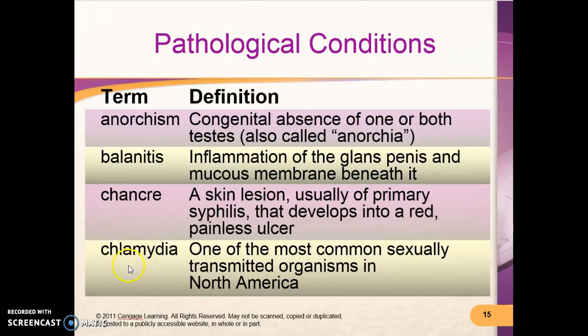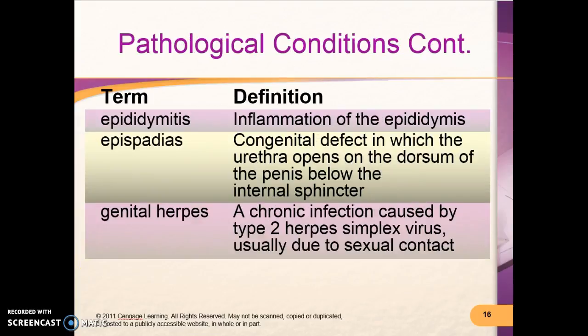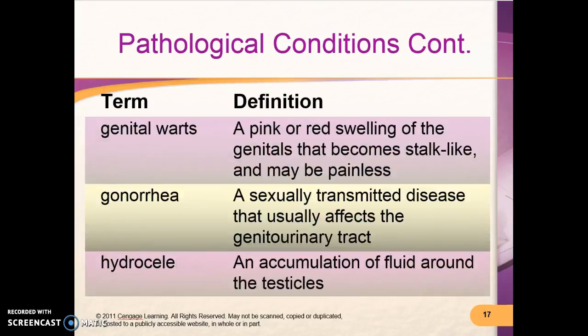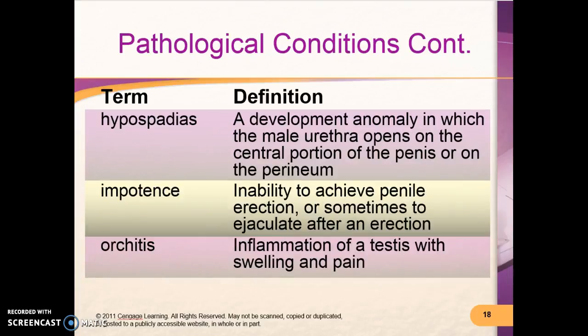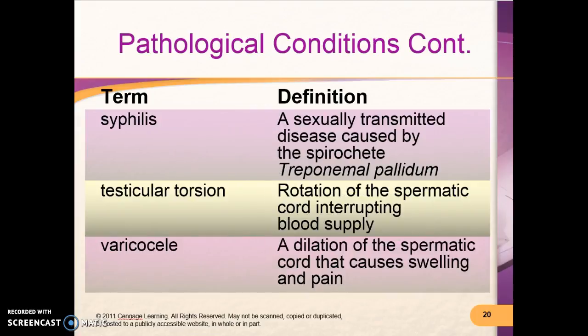So in this case, we've got chlamydia. On this slide, they're talking about herpes, genital warts, gonorrhea, and those types of things. Then you're also going to get into things like impotence. So anything having to do with the ability to obtain or maintain an erection falls into this particular category. Another one is syphilis, like we mentioned before.